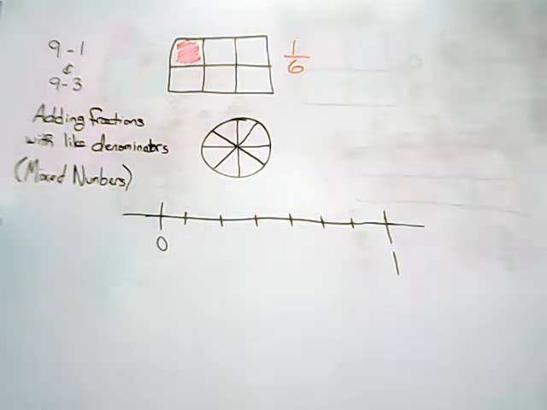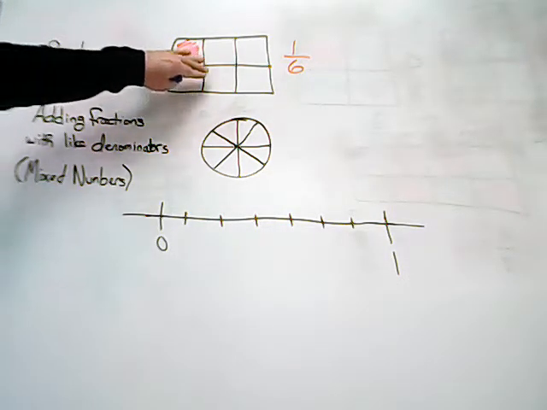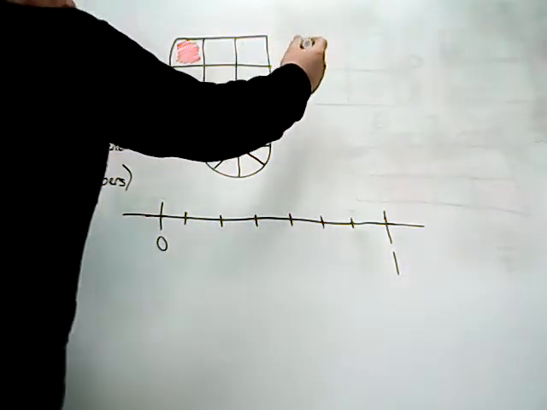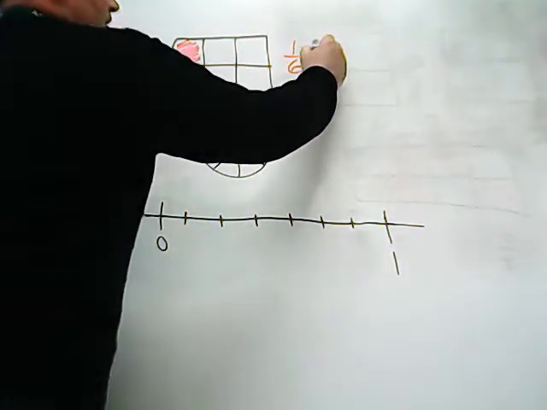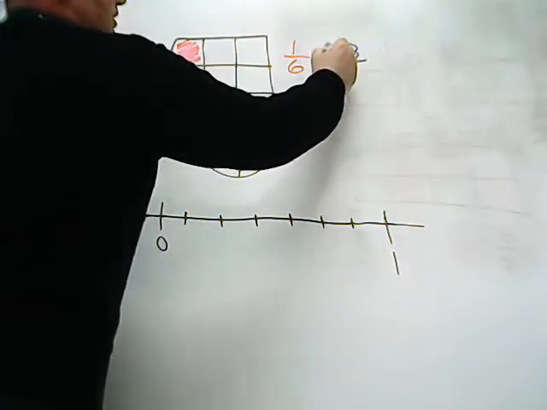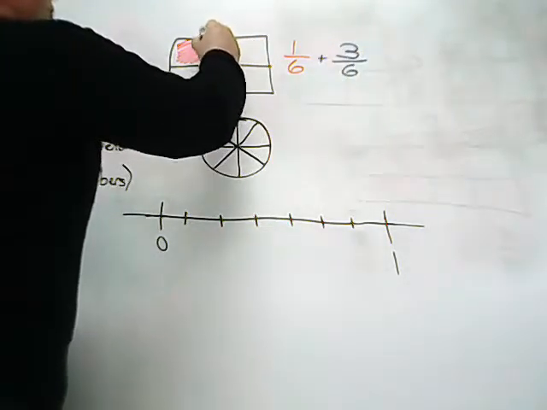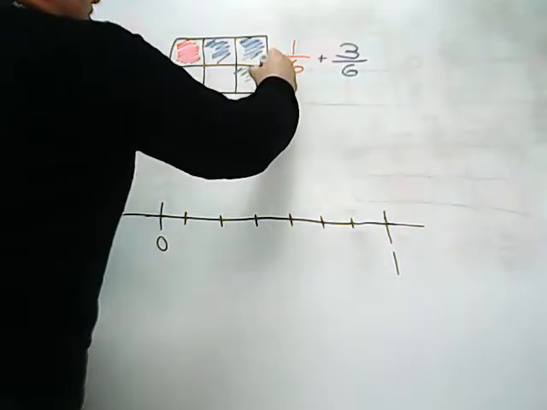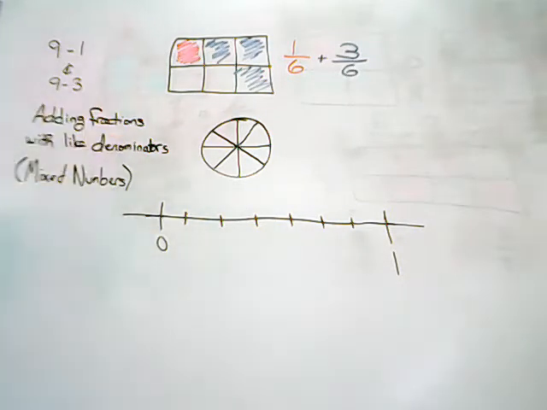So I'm going to shade in 1/6, 1 out of 6 total pieces. Then on Monday I was able to complete another 3/6 of my puzzle. So I'm going to add to the completion 3/6. 1, 2, 3. So my question is, how much of the puzzle have I completed so far?